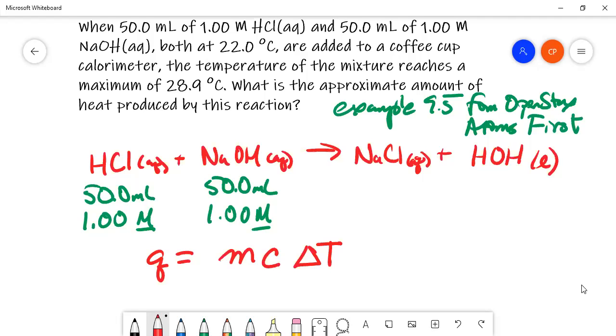How much mass of a stuff is changing temperature? And it's worth it at this point to actually back ourselves up a little bit more and to ask precisely, what is the majority of the stuff here that is changing temperature?